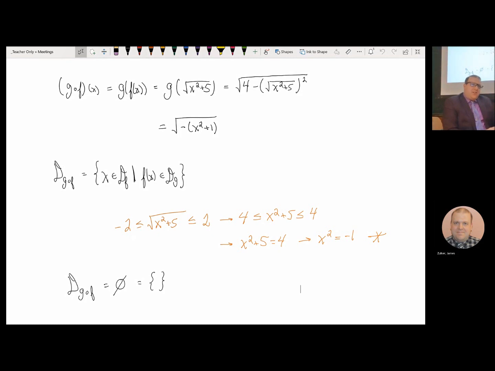So we just did function composition. An important skill for calculus is going to be the reverse. You're going to want to decompose a function.